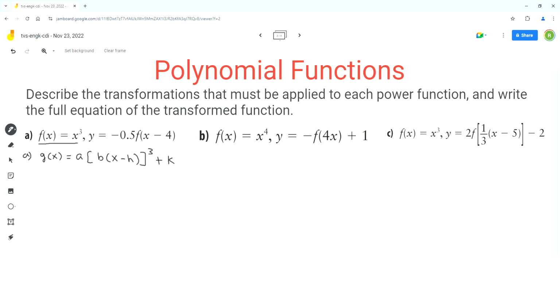If we compare this general equation with the transformation given for f(x), we can see that a is equal to negative 0.5. A value is the coefficient of the function.